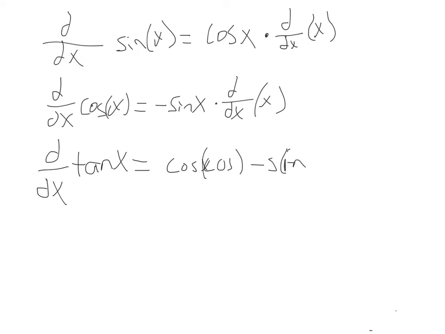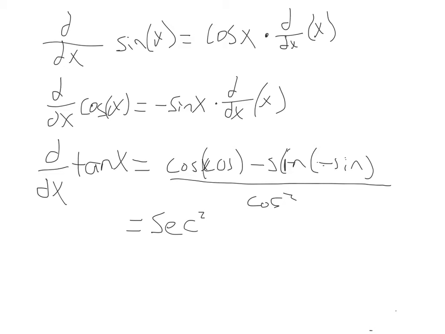If you know your reciprocal functions, 1 over cosine is equivalent to what trig function? Secant. So 1 over cosine squared is secant squared. So the derivative of tangent of x is secant squared of x times the derivative of the angle. Derivative of tangent is secant squared.